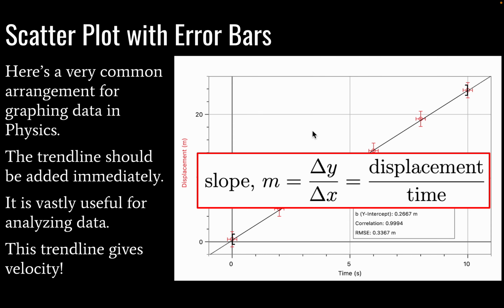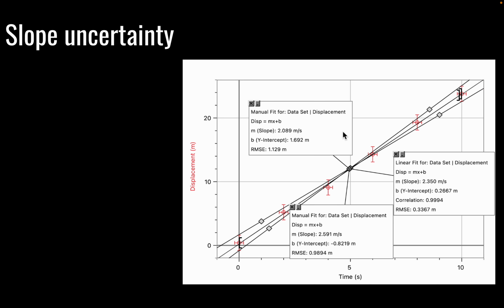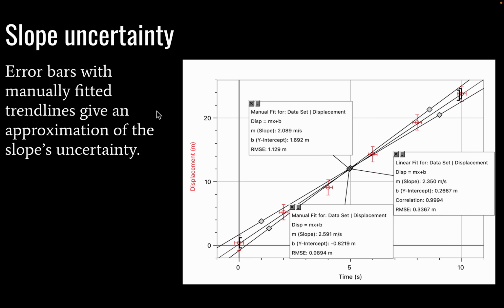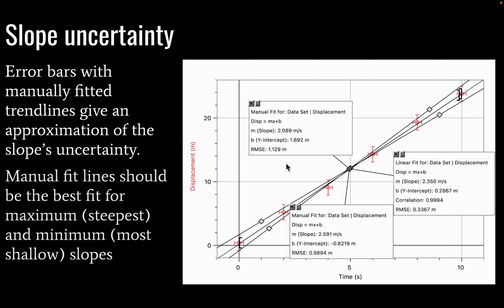Okay, so because we have these error bars on our graph, we need to look at what is called slope uncertainty. So what we do is we manually fit some lines. We have a couple of additional lines here. And what we're doing is we're setting a maximum slope and a minimum slope.